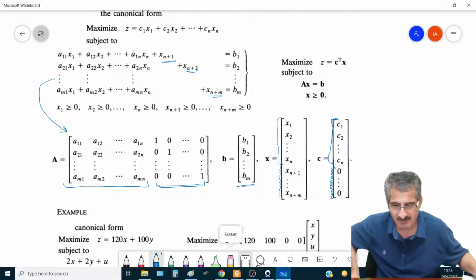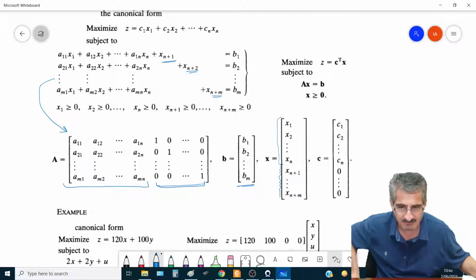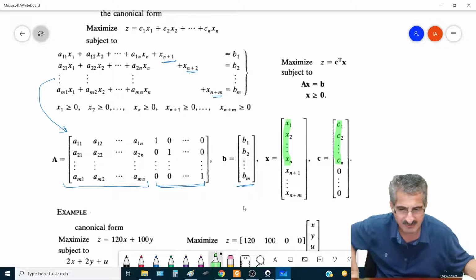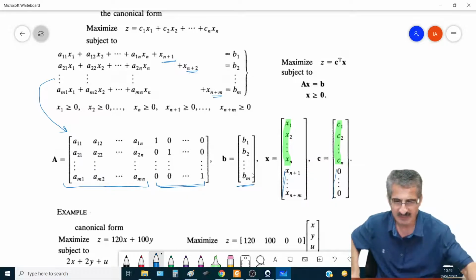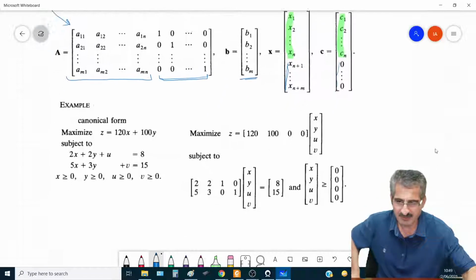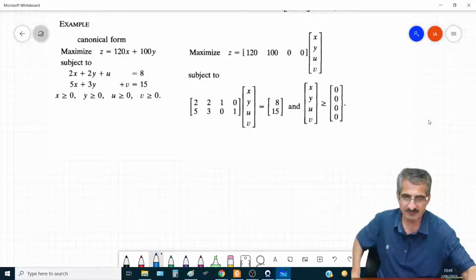So let me do them better. This is the part of the standard form, adding those, and this is the part of the standard form, adding these new ones. Okay, this is the matrix I have already done.